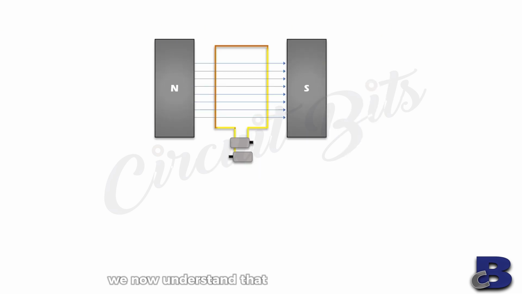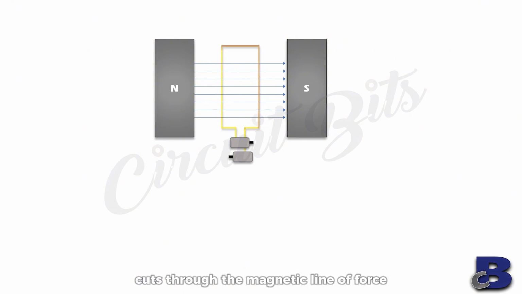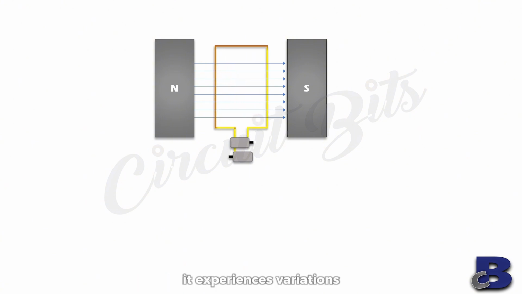Armed with that, coming back to this, we now understand that as the sides of the coil cut through the magnetic lines of force, they experience variations in the magnetic field strength. So, we have current flowing through it, whose direction is dependent on the direction in which the coil goes through.